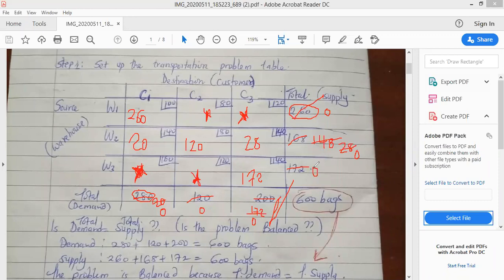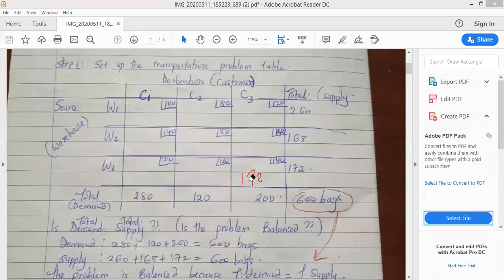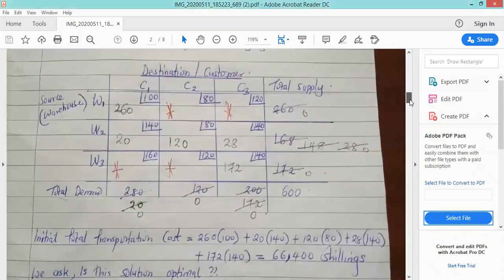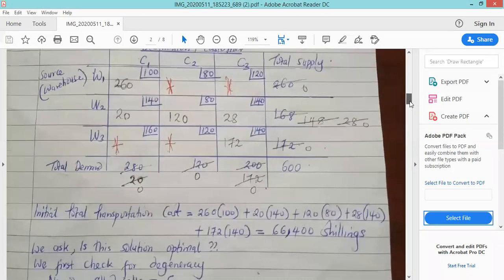We are going to find our transportation cost by doing the following. We multiply the units in each and every cell by the corresponding unit cost of transporting those units from the defined source to a given destination. So when I allocate the units, this is how we get the initial transportation cost.